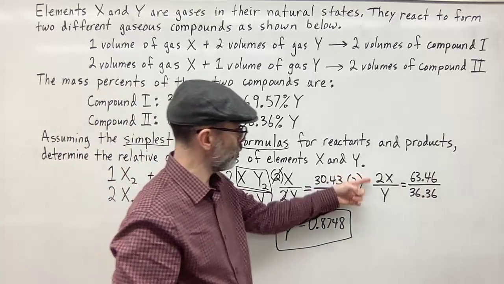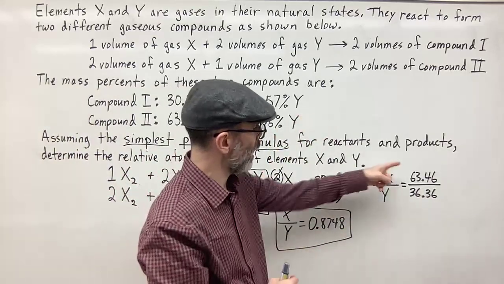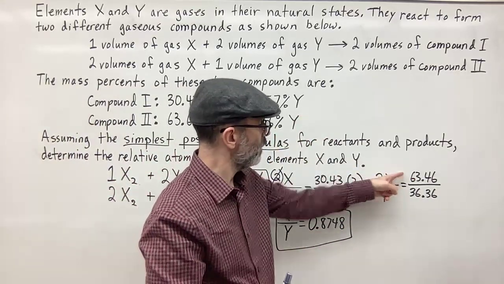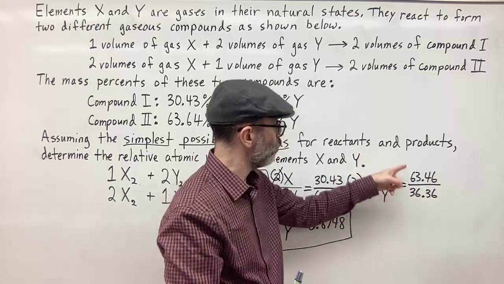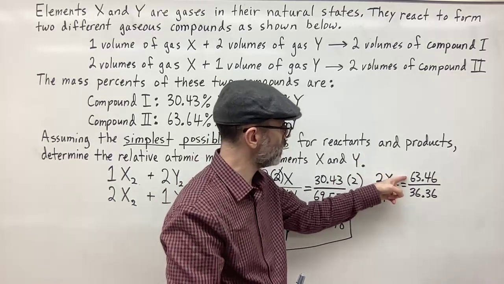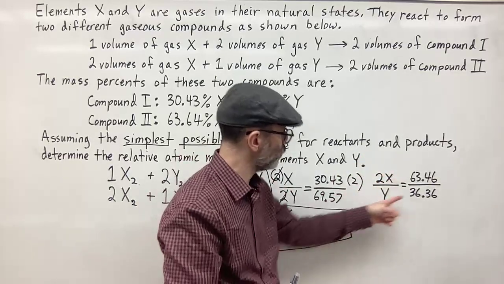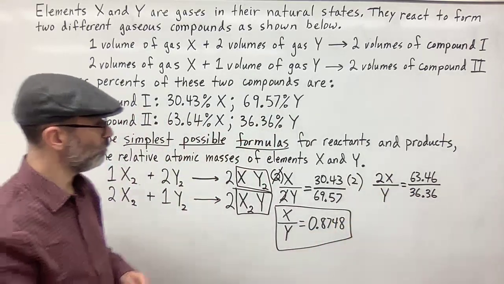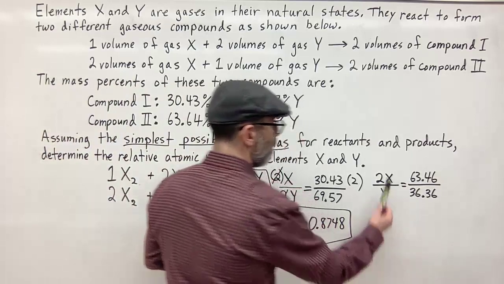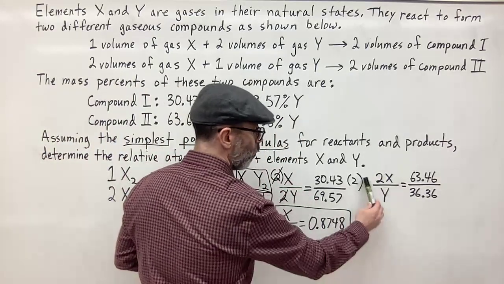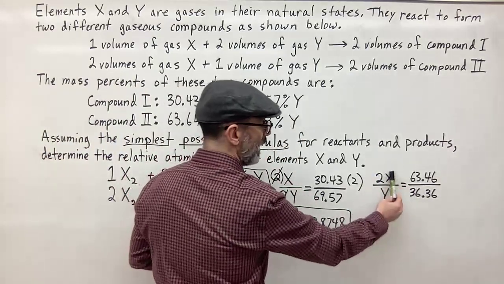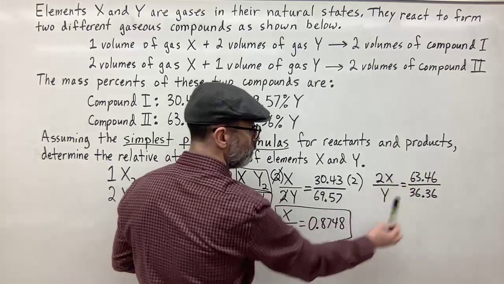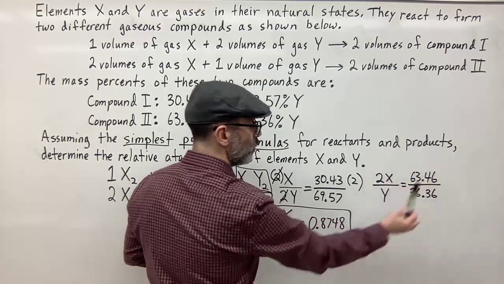So I have 2x over y. If I have 100 grams, then this 2x portion would be equal to 63.46, and the y portion would be equal to 36.36 grams. So now I have it set up, but again, I want x over y. I don't want 2x over y. I want just x over y. I want the relative mass of 1x to 1y.